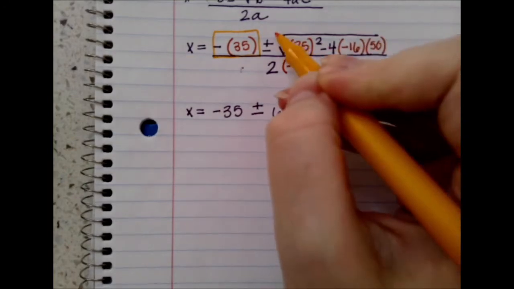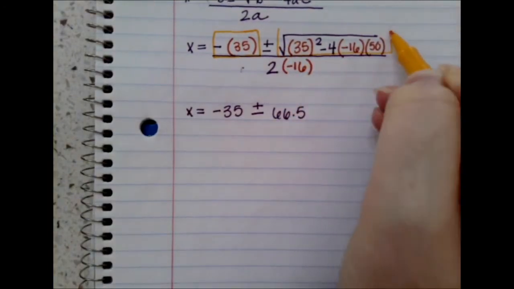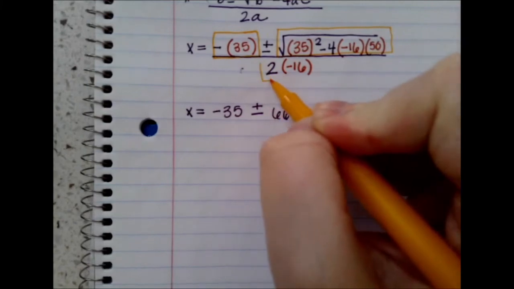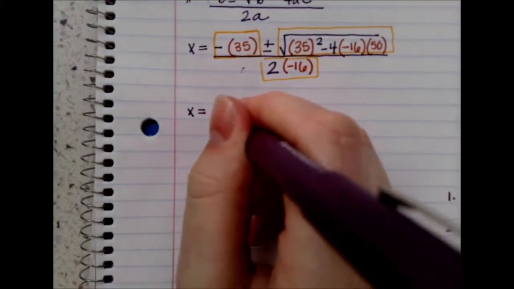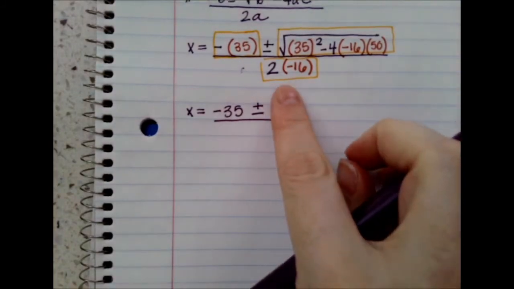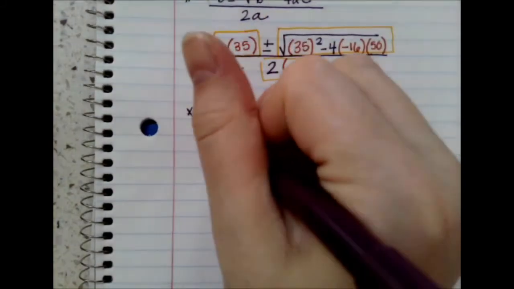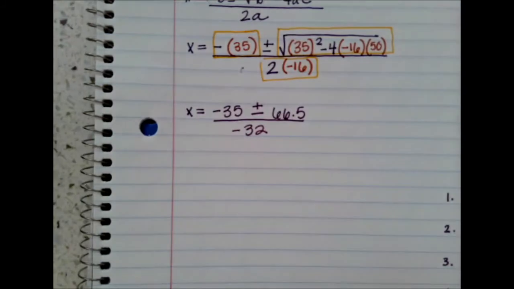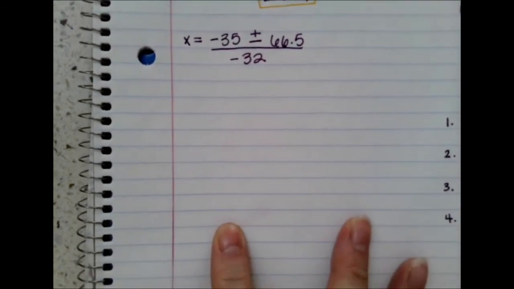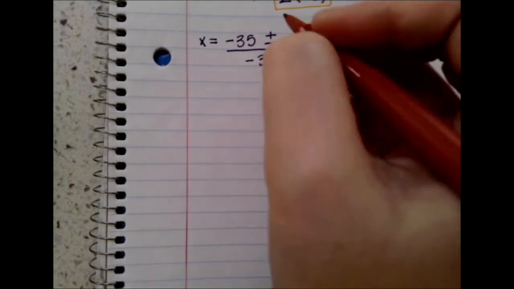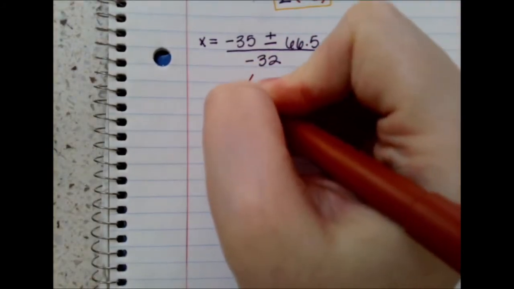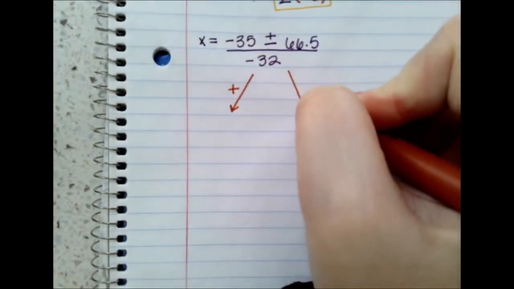So that was this whole thing we typed in together, and now we're going to do the bottom together. So we still have our fraction bar, and 2 times negative 16 is negative 32. And now you want to break that into 2 problems. We're going to break it into a positive problem, a plus problem, and a minus problem.